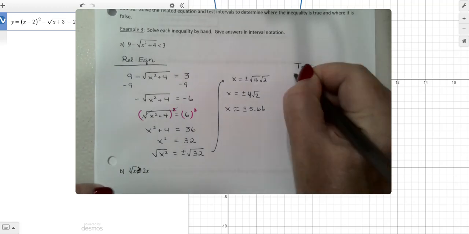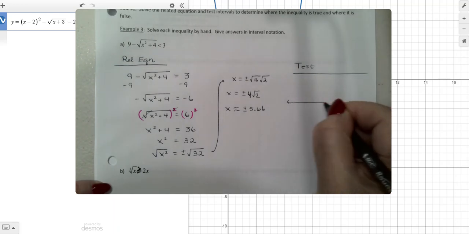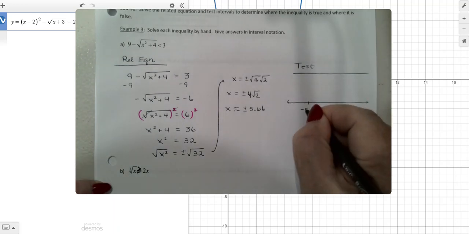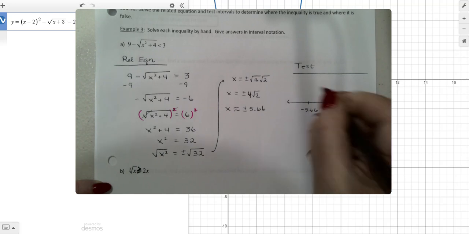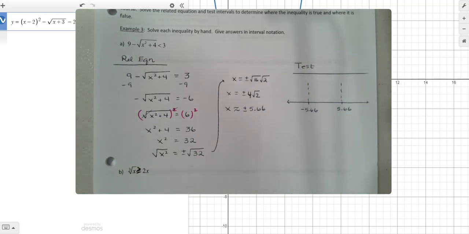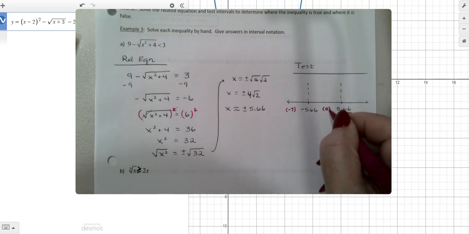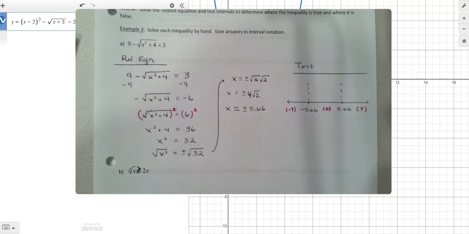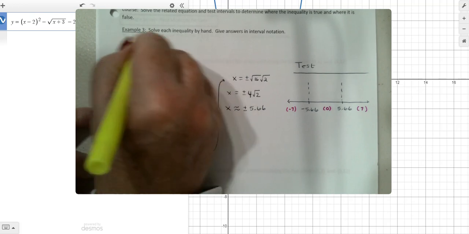All right, I'm going to use those to create my number line to do my test. And I need to pick some test points, one for each interval. So I'm going to go with -7, 0, and +7 this time. And remember, what I'm actually trying to test is that.